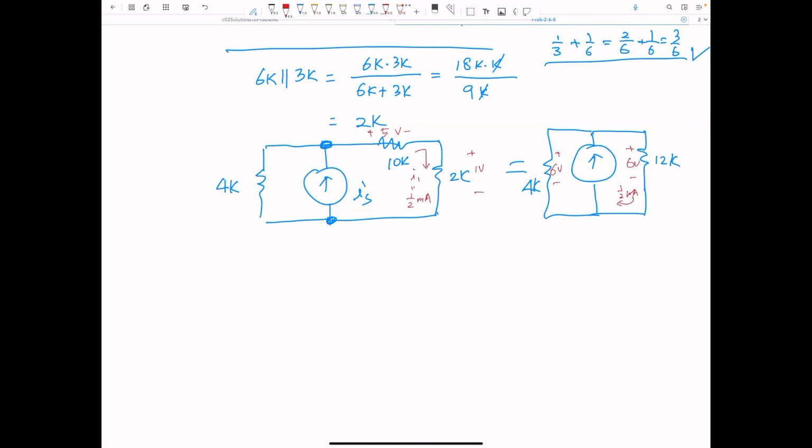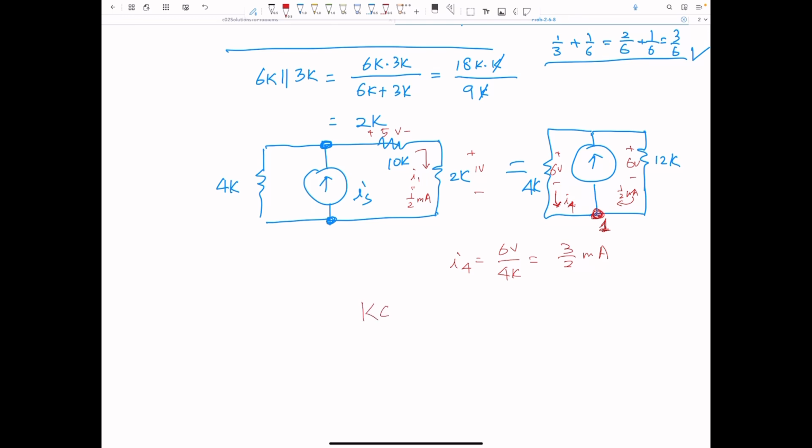Then we can find the current, higher potential to lower potential. We're going to call it I sub 4. Then I sub 4 equals 6 volts over 4K. That means 3/2 milliamps.